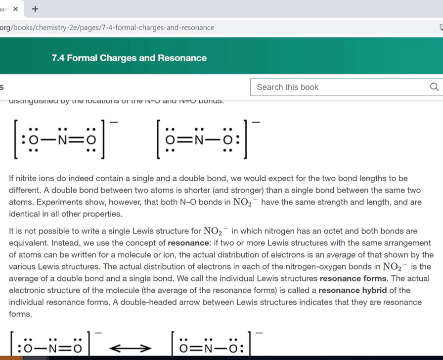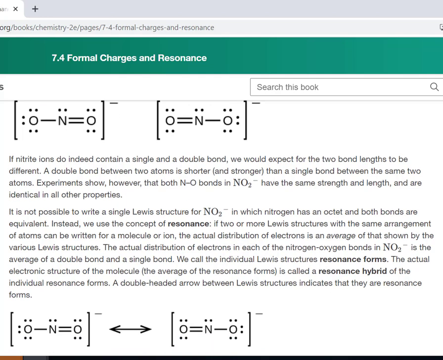So when we talk about a molecule that has resonance, what we mean is essentially that the model of the Lewis structure is insufficient to describe that molecule. So everything we've been doing with Lewis structures fails to completely describe what's going on.